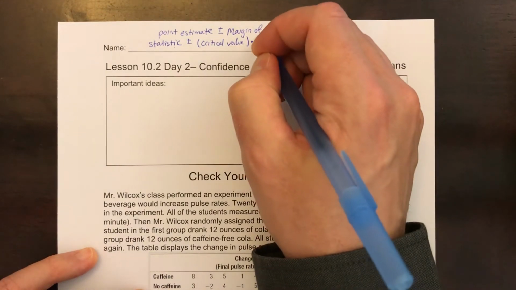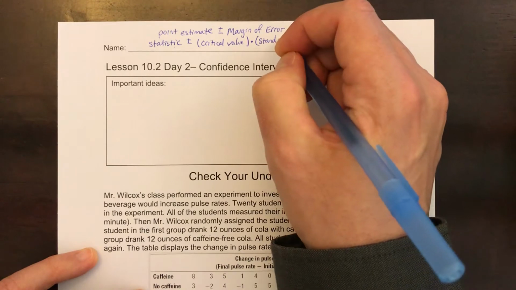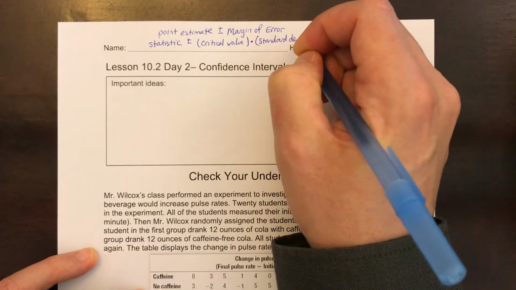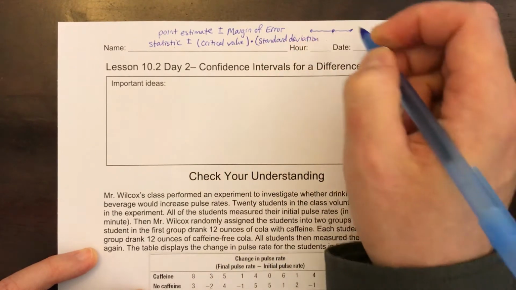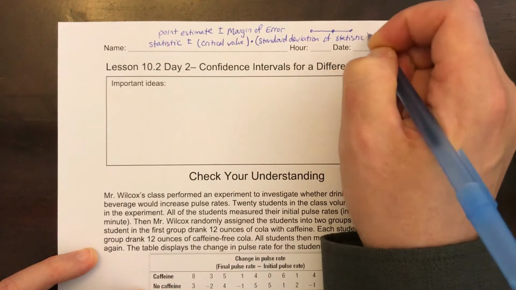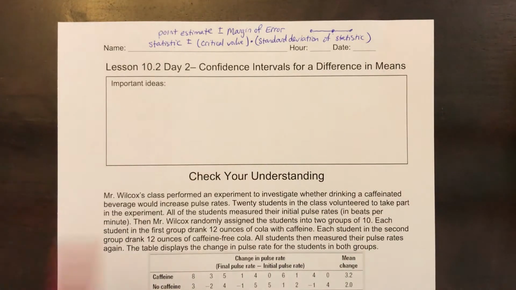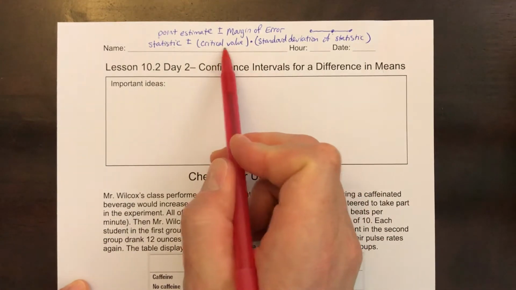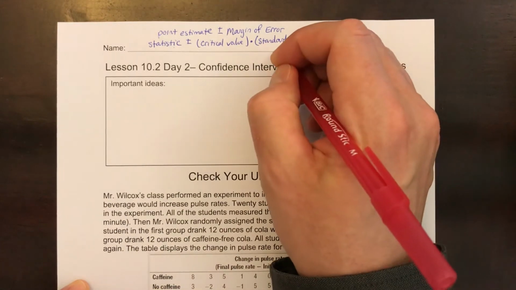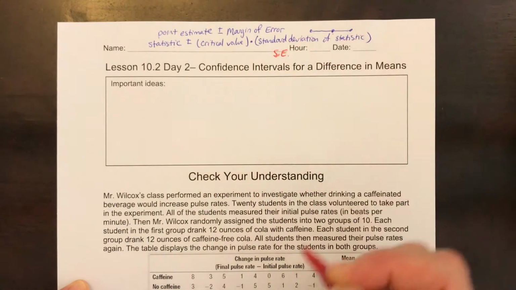And then we multiply that by the standard error, the standard deviation of the statistic. But that's what we call the standard error. So the margin of error is we take the critical value times the standard error, which is SE.